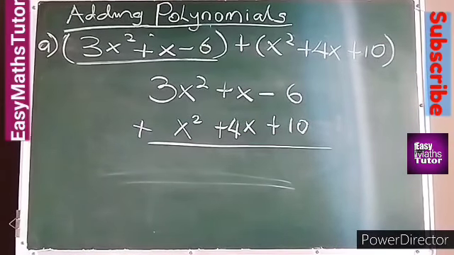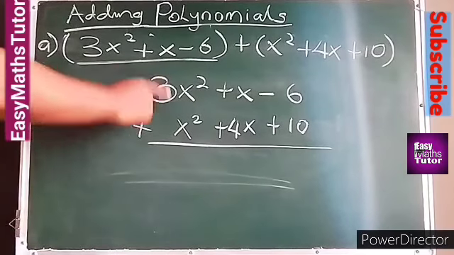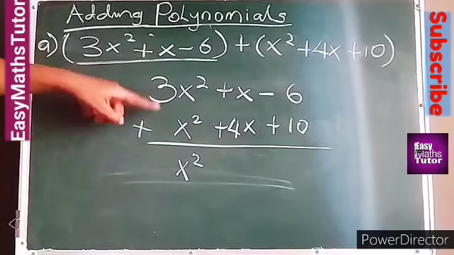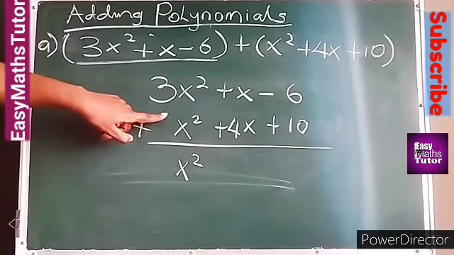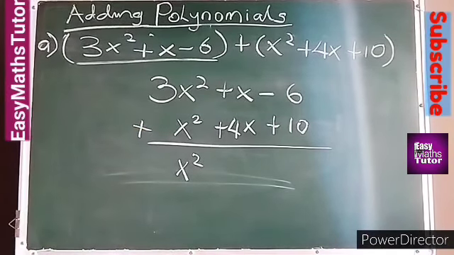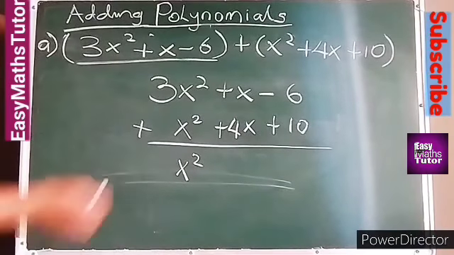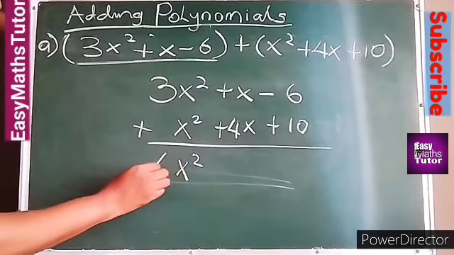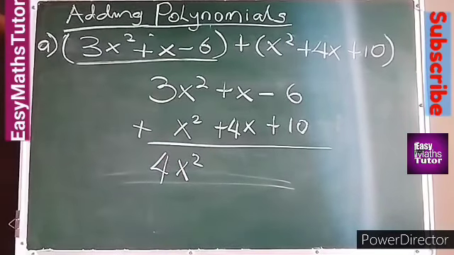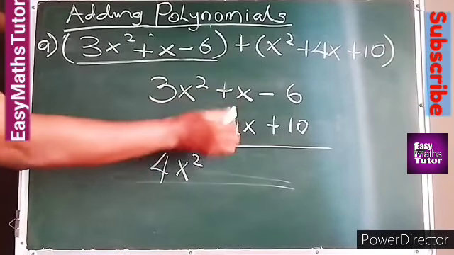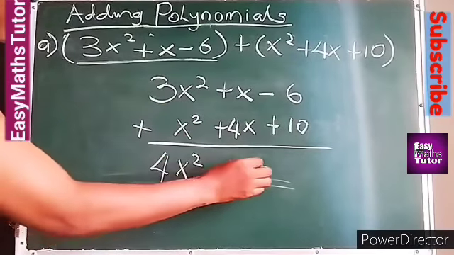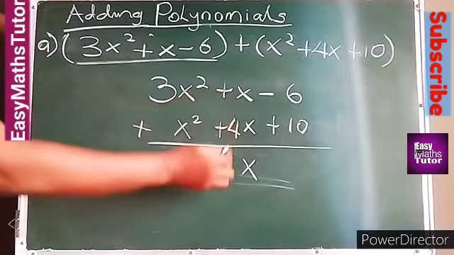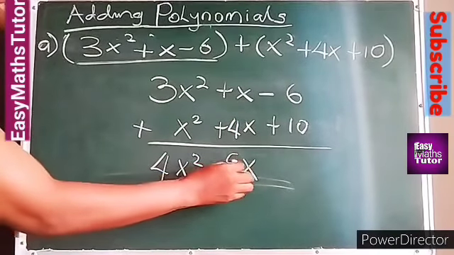Then we're going to add it up. First of all, we'll write x squared down, and then we'll add 3 plus 1. We know there's an imaginary 1 in front of every empty variable. So 3 plus 1 gives us 4. And then we write x here, and then we add 4 plus 1, which will give us 5.